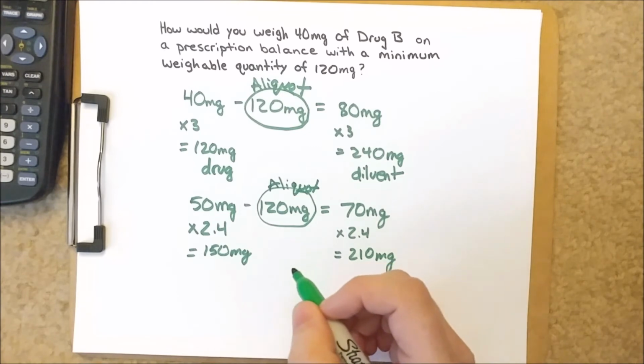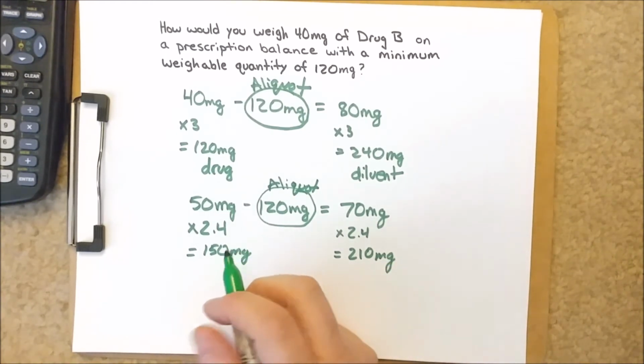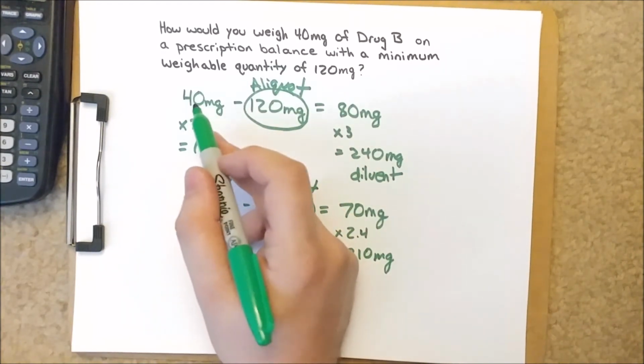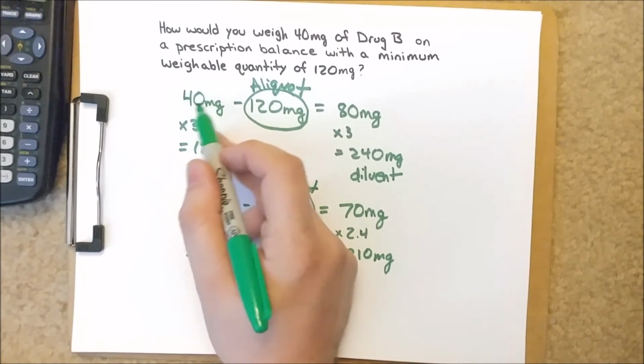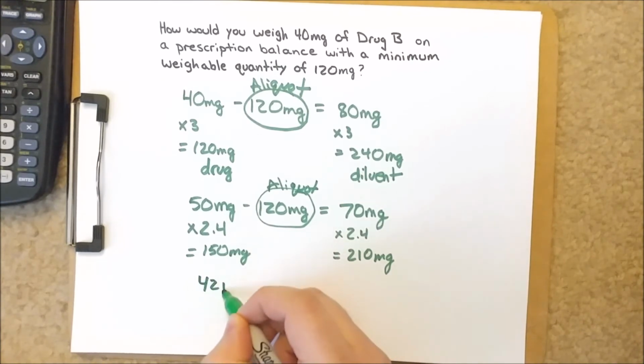So now let's say we had something different. Because we're not always going to need to weigh out something round like this, 40 milligrams, 50 milligrams. What if we need 42 milligrams of the drug?